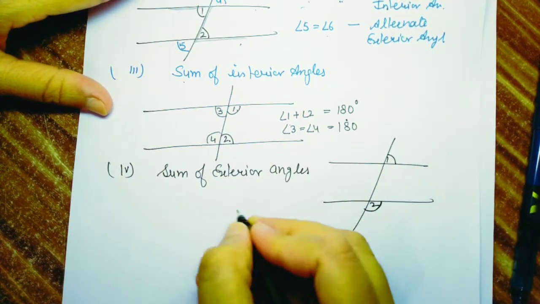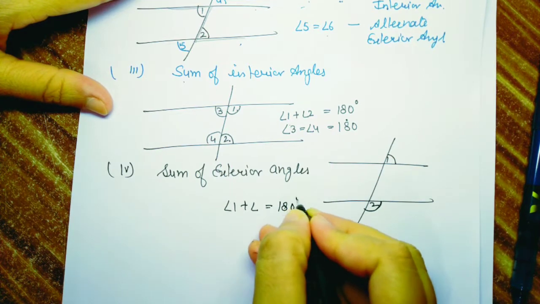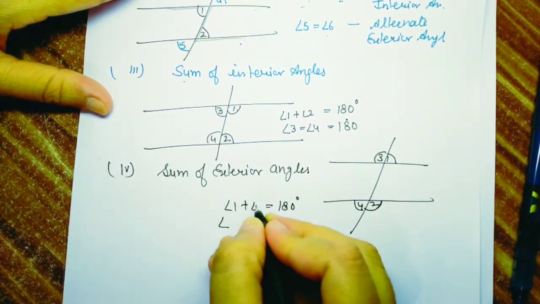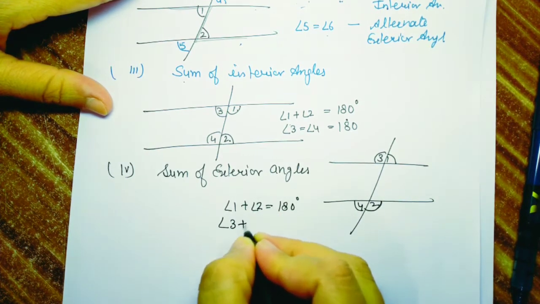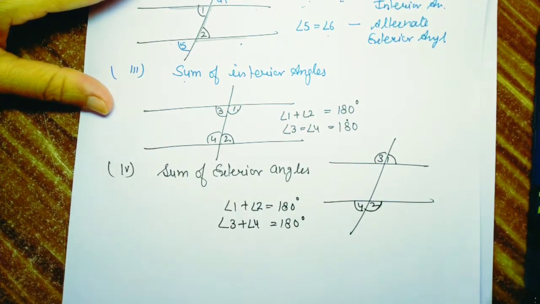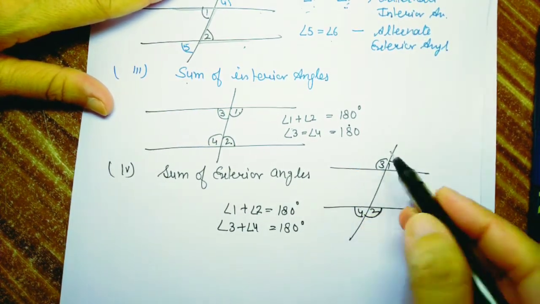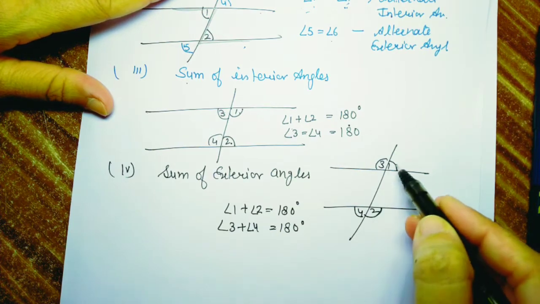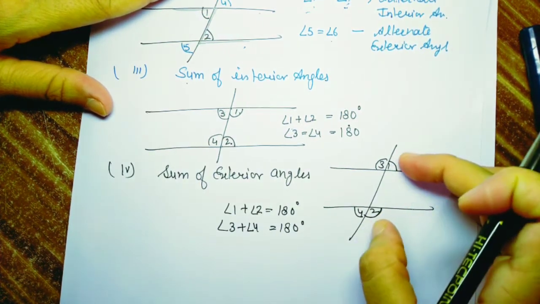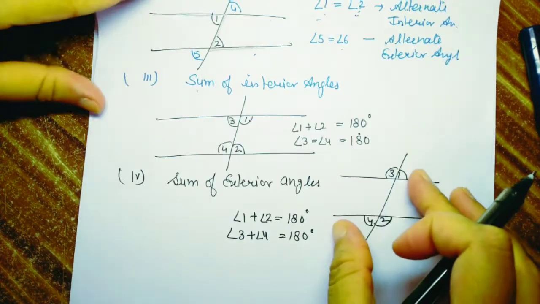So we can say angle 1 plus angle 2 equals 180 degrees. Same, angle 3 plus angle 4, their sum is also 180 degrees. So these points you have to remember, students. If the lines are parallel and one transversal intersects, then for pairs of exterior angles on the same side of the transversal, their sum is 180 degrees.